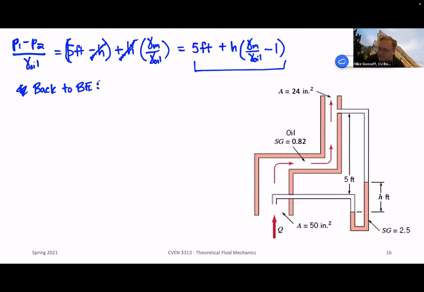we now have V2 squared over 2g is equal to, we said, P1 minus P2 over gamma oil, minus 5 feet.